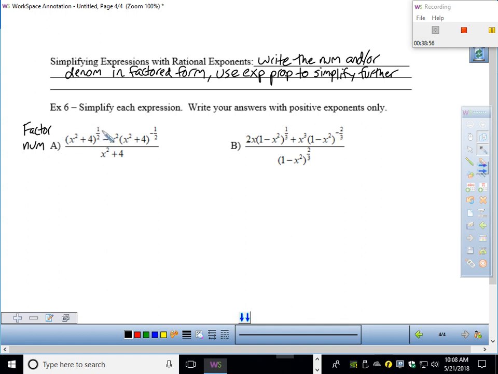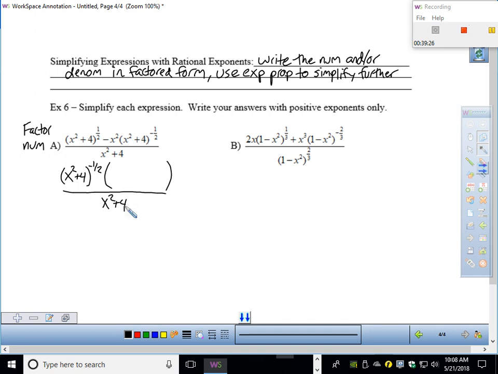So think about that. I've got some x squared plus 4s in there. So I think from my perspective, I'm going to take out x squared plus 4 to the negative 1/2. Excellent. When I do that, I make my parentheses, and I'm going to see what's left. The only big difference here, of course, is I have another x squared plus 4 in the denominator.